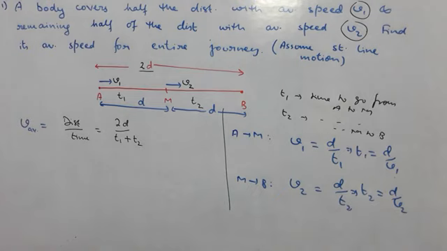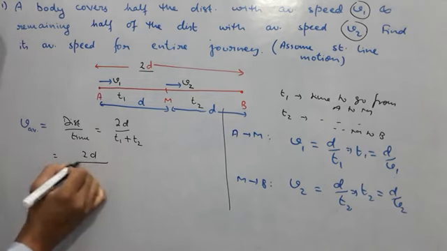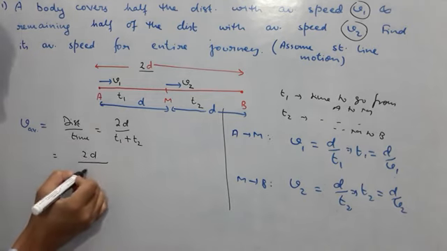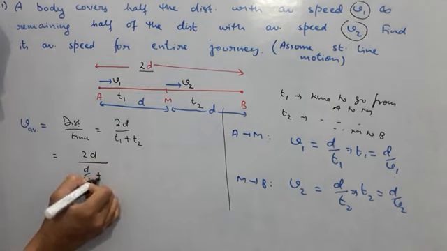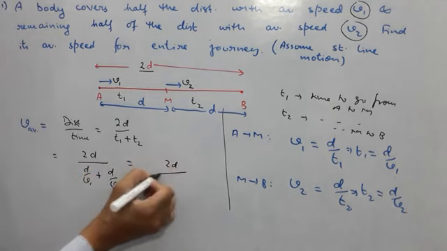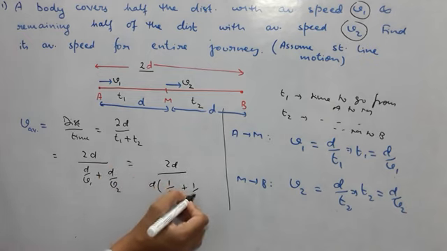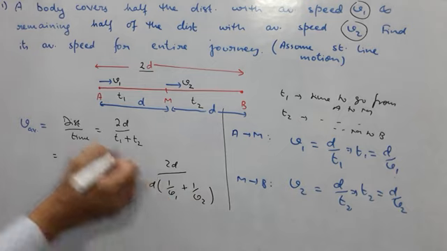So we will put these values of t1 and t2 over here. So this becomes 2d upon, t1 I will write as d upon v1, t2 I will write as d upon v2, is equal to 2d upon d, I will take common, 1 by v1 plus 1 by v2. So d will cancel.